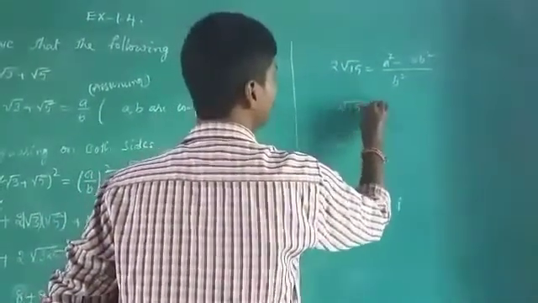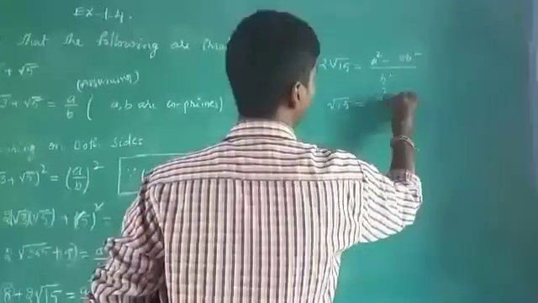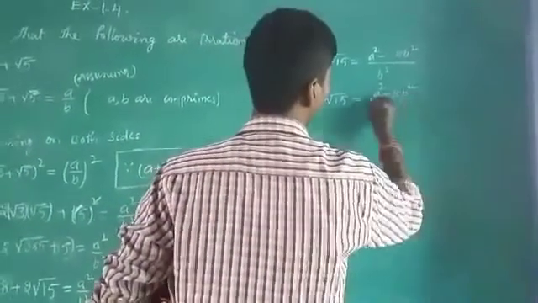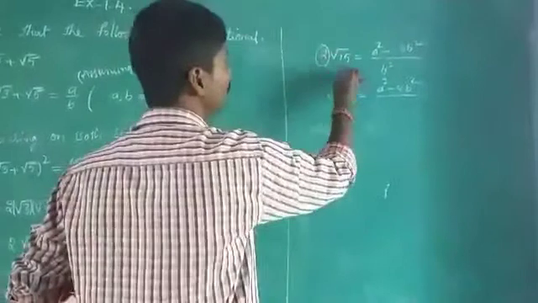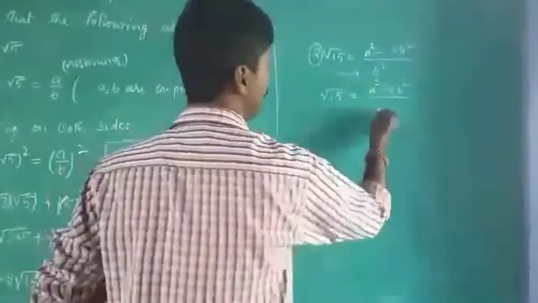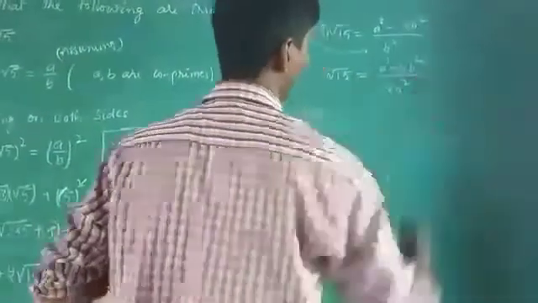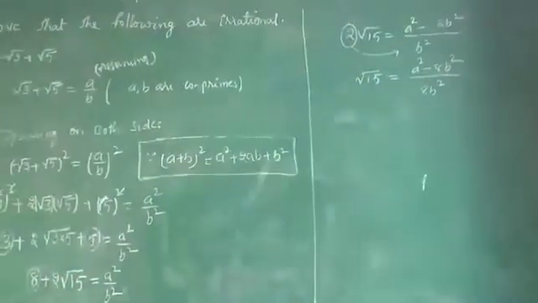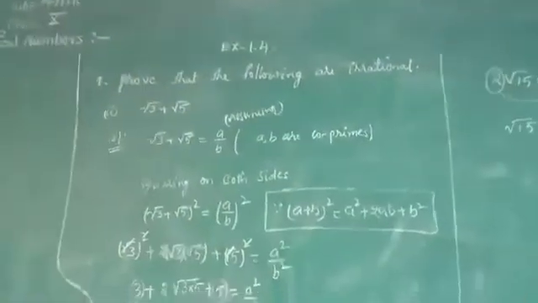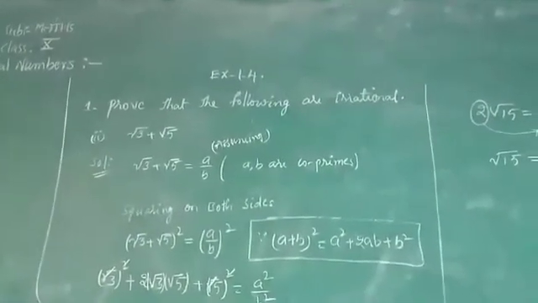Then root 15 = (a^2 - 8b^2) by 2, where the 2 is transposed, meaning we divide by 8b^2.